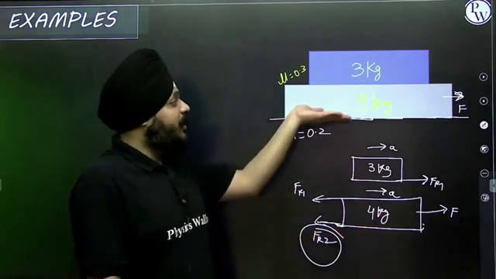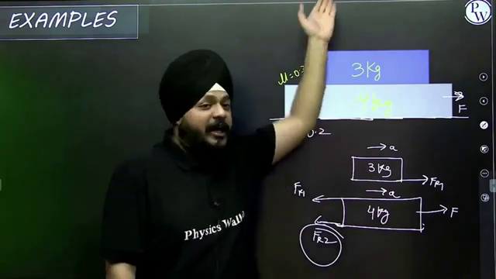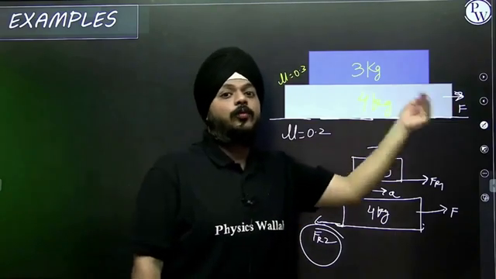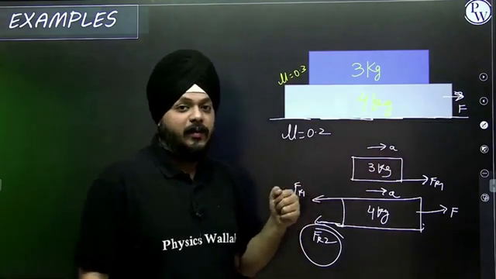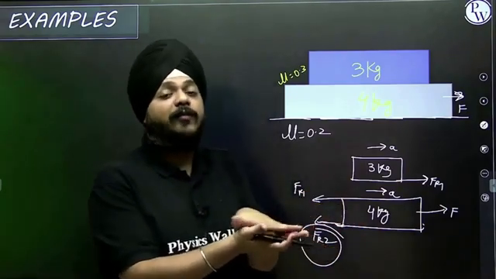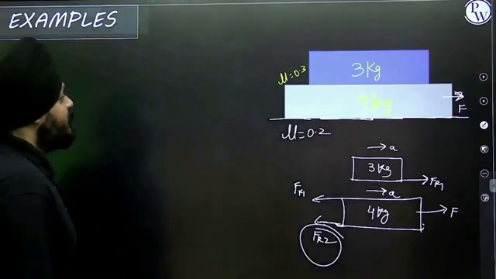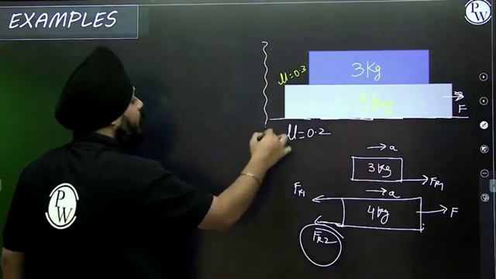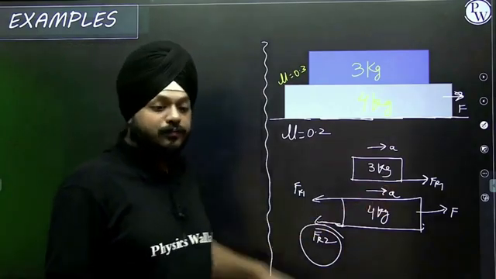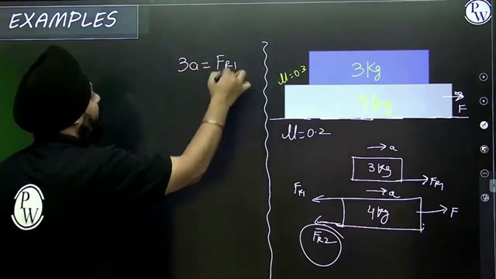First of all, we need to overcome the friction of the ground on which the entire system is placed. Then we have to move on to the next step. What will be the value of F for which they both should move together? So in this case, again 3A equals the value of friction 1.